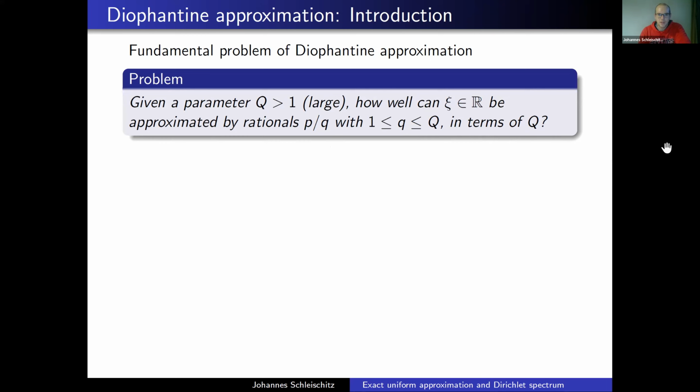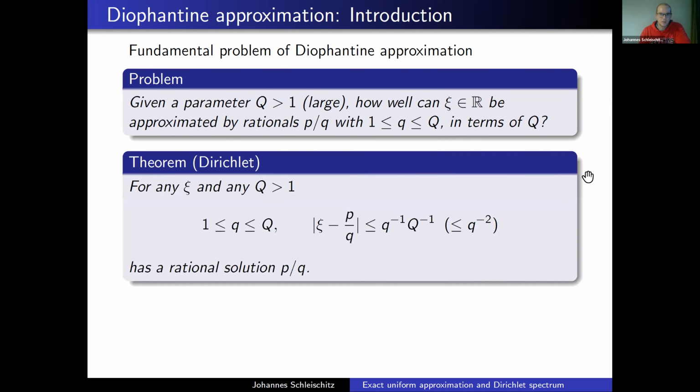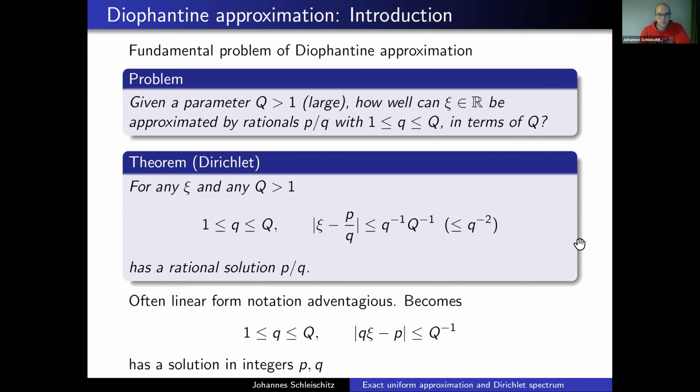So the absolute value of psi minus p over q should be small, with an absolute bound capital Q on the denominator q, and how small can you make it in terms of capital Q? Then there's Dirichlet's theorem from the 19th century that tells you that you can make it as small as Q inverse times big capital Q inverse, in particular smaller than the denominator to the -2. So this system always has a solution. The most fundamental theorem in Diophantine approximation.